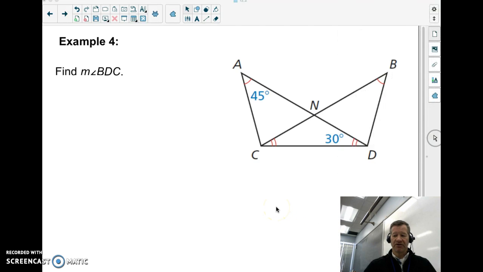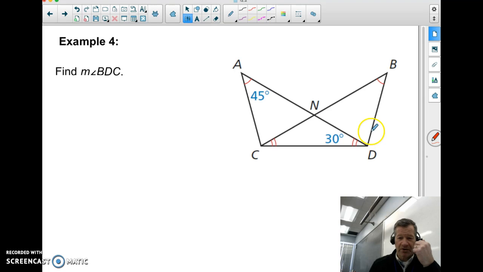Let's find the measure of angle BDC. So the measure of angle BDC says, to find the measure of angle BDC, I simply have to figure out what triangles are congruent here. Let's identify it first, it goes all the way from here to there.